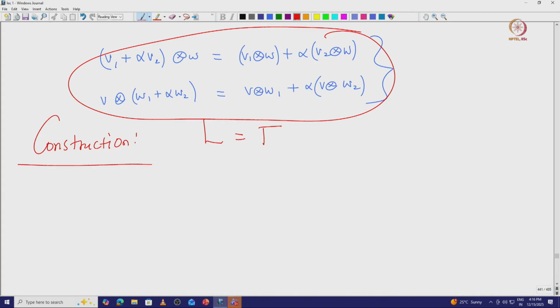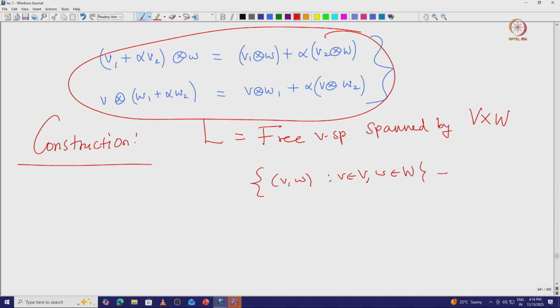So, we take this free vector space spanned by V cross W. That means the elements (v, w), v in V and w in W, this entire set, is going to be a basis for this capital L.